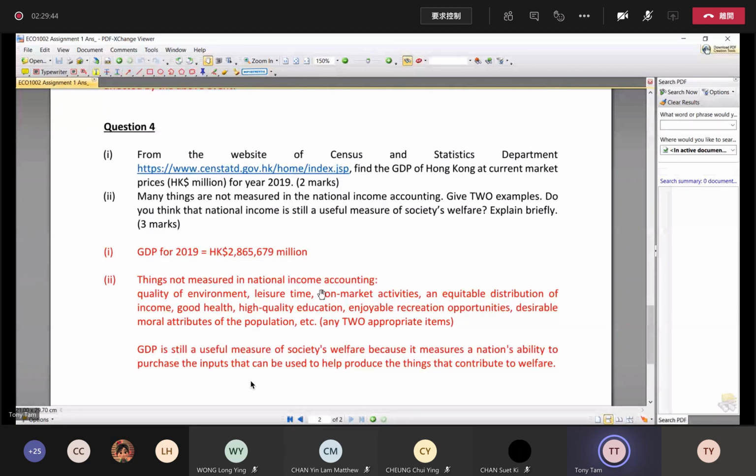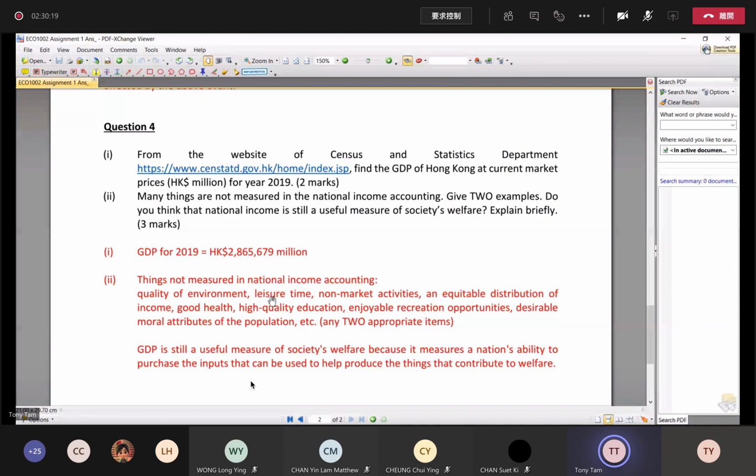And some other students just put used goods, second-hand goods. It is not related to our GDP because used goods or second-hand goods are already recorded in the year they were produced. Second-hand goods have already been counted, they are old things, right? Once they are produced, they are recorded, right?